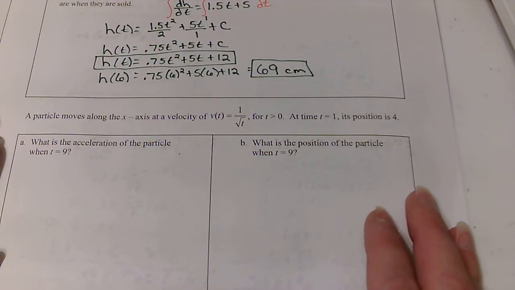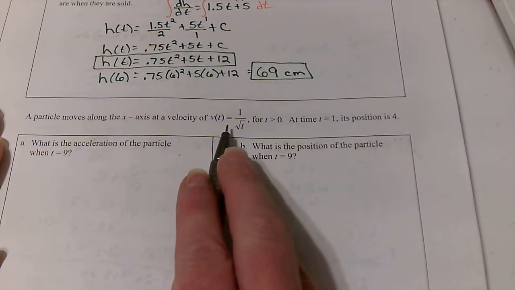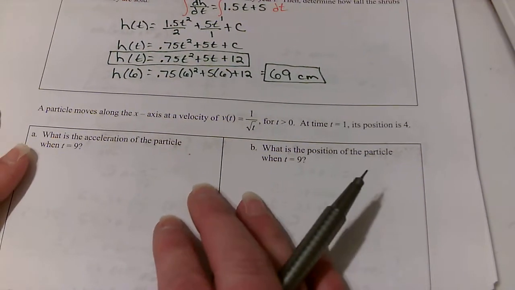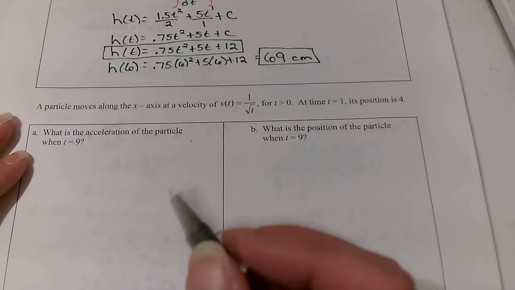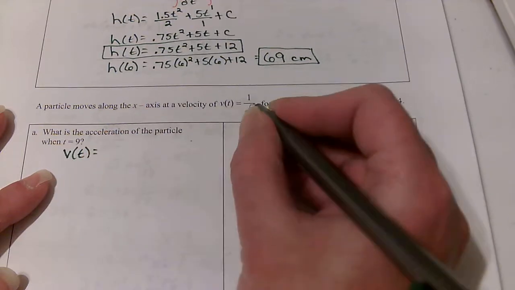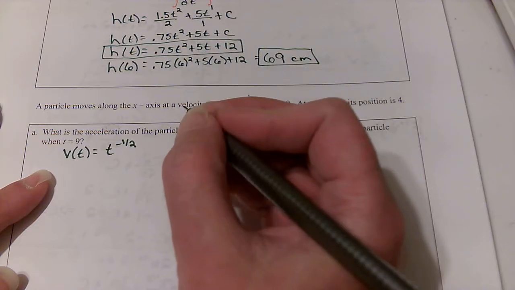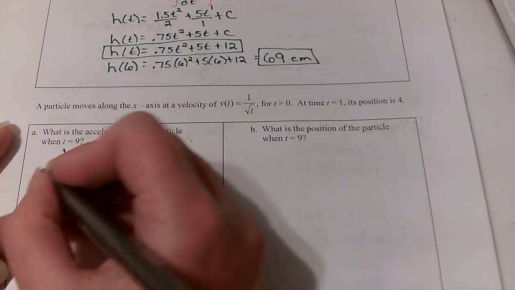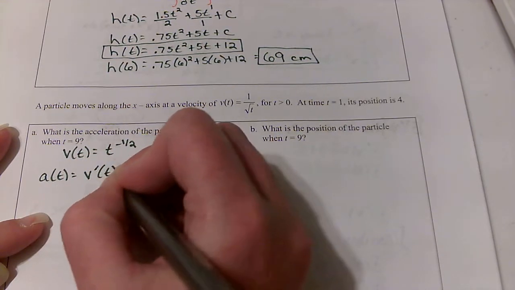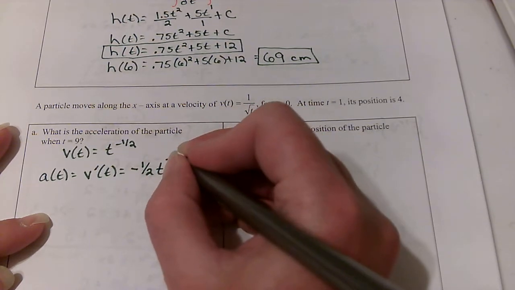How could this help us with particle motion? Well, what if I know my velocity equation and I want to find out acceleration and position? Well, how are they related? Let's think. Velocity, let's rewrite that as t to the negative 1/2. Acceleration is the derivative of velocity, which would be negative 1/2 t to the negative 3/2.